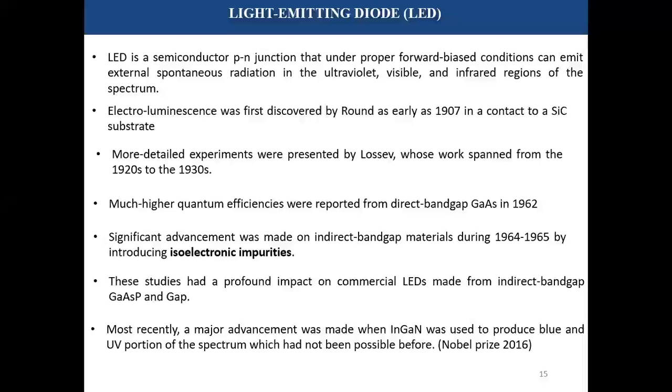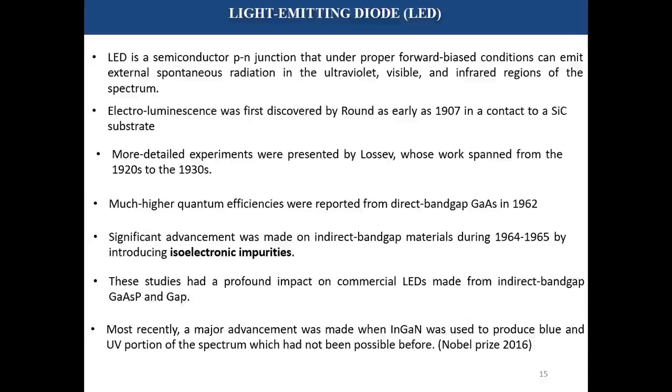Detailed experiments were further done until 1930. Much higher quantum efficiencies were reported for direct bandgap materials like gallium arsenide. Significant advancements were further made in indirect bandgap materials by introducing isoelectronic impurities.